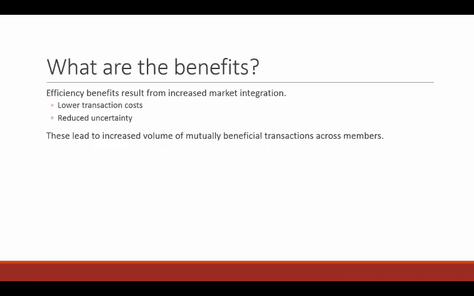The benefits are those that come from increased market integration and the absence of exchange rate risk. These would therefore be lower transaction costs and reduced uncertainty in international transactions. Where these are reduced, the volume of such mutually beneficial transactions would be greater, and so welfare is increased for member nations.